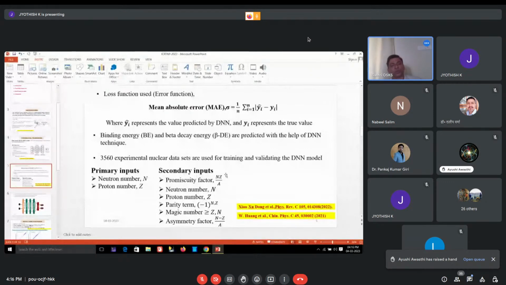If you hadn't given the asymmetry and magic numbers and all these things, and it could find out the relationships by itself, then it's a deep neural network. That is the main difference between a deep neural network and an ordinary or artificial neural network.